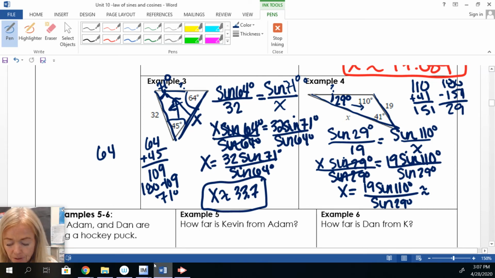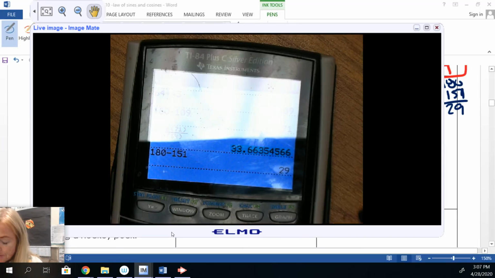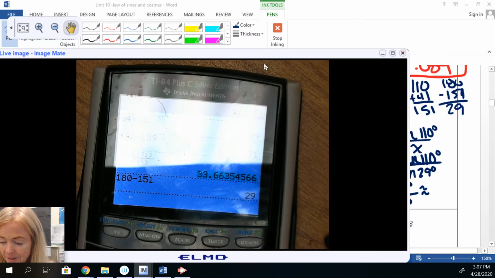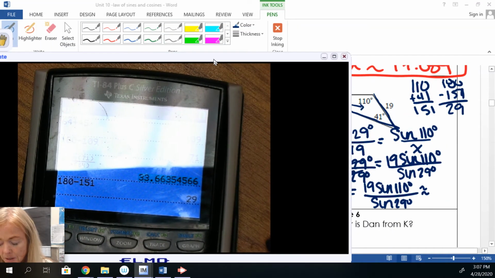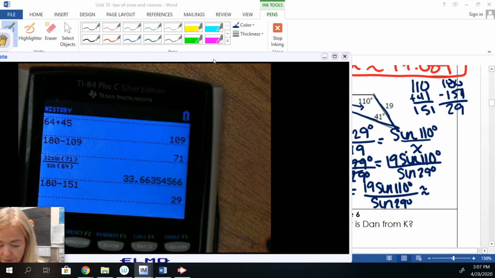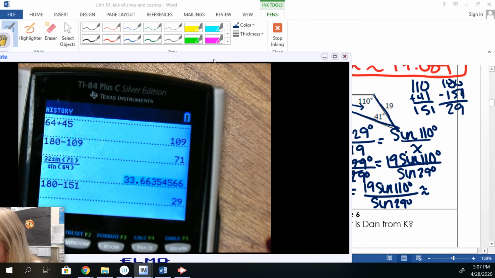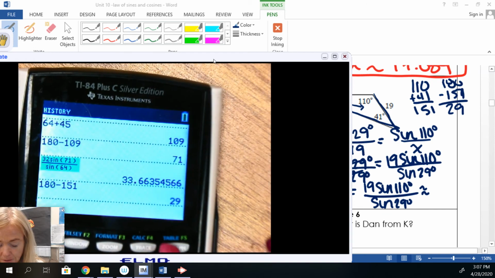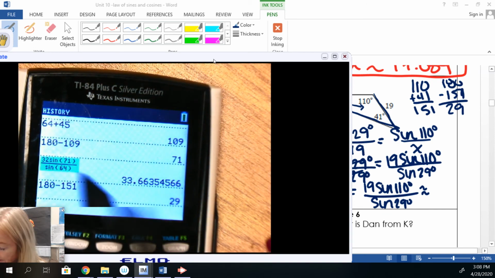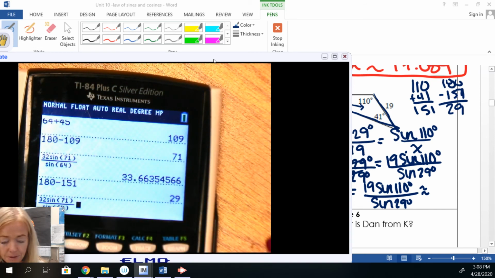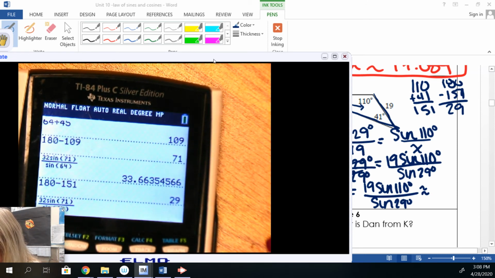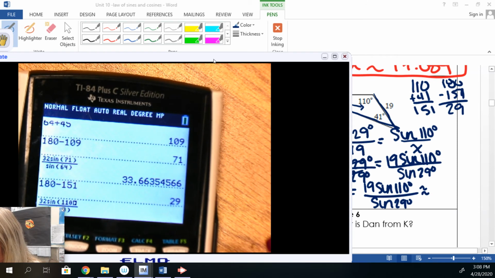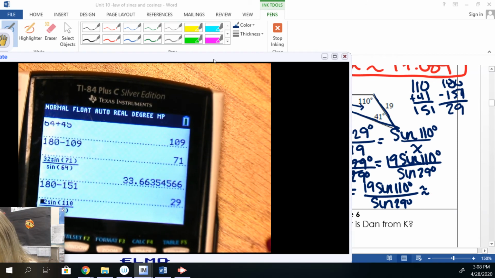I'm going to show you another trick here on the calculator, which might help you. So 19 sine 110. I arrowed up, highlighted it, and hit enter. And then all I have to do is change the angles, 29, 110, and then 19.